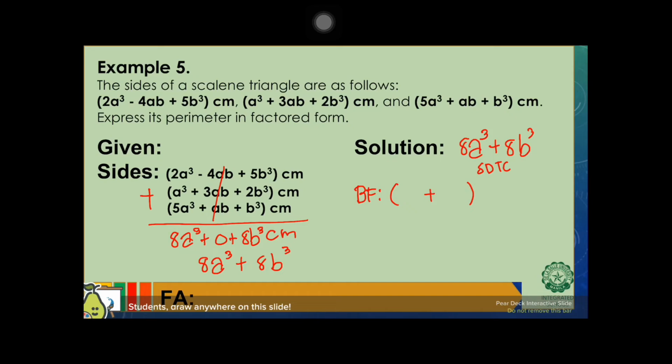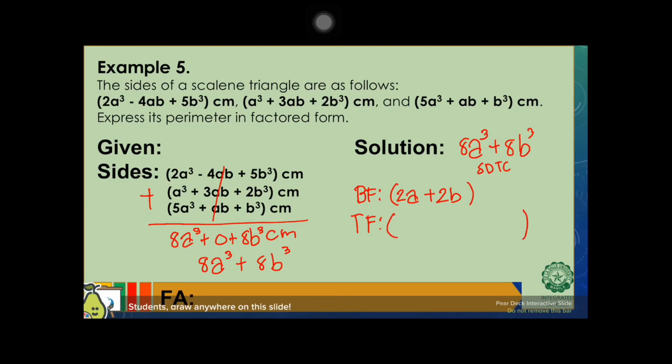So cube root of the first term, which is 8a cubed, so you have 2a. Cube root of the second term, which is 8b cubed, for the second term, we have 2b. So after getting the binomial factor, it would be very easy for us to get the trinomial factor. Just focus on the binomial factor that we have already.